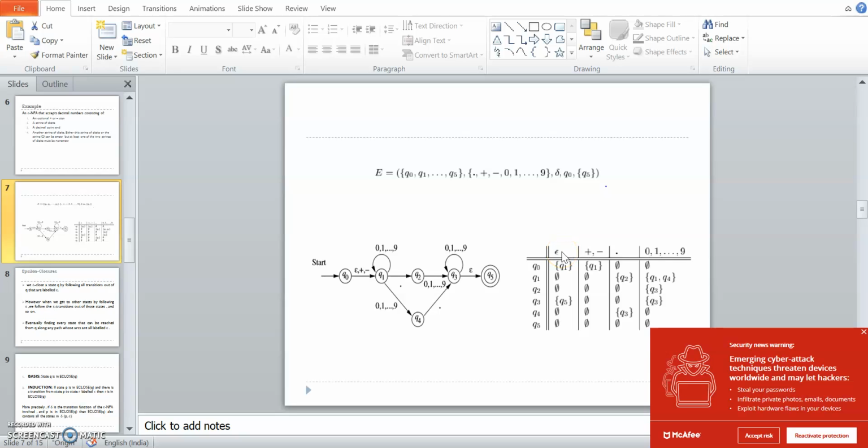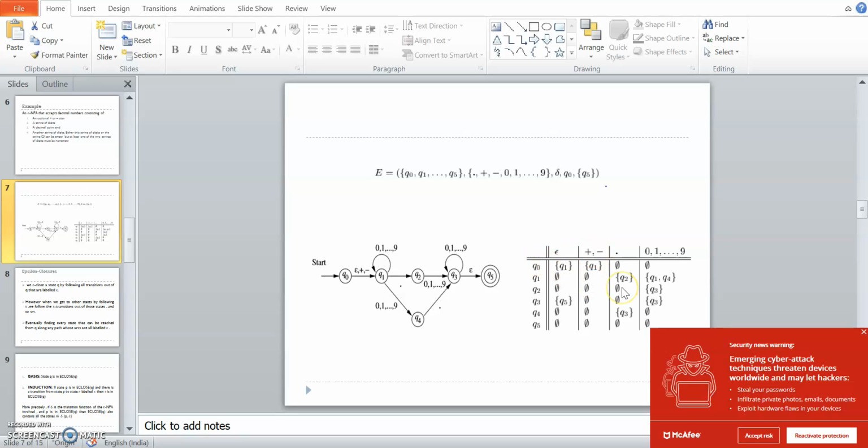Now, what are the input symbols? As it is an epsilon NFA, epsilon should be there, then plus, minus, the decimal point, and then any digit 0 to 9. We move from Q0 to Q1 on epsilon, and from Q0 to Q1 on plus or minus.